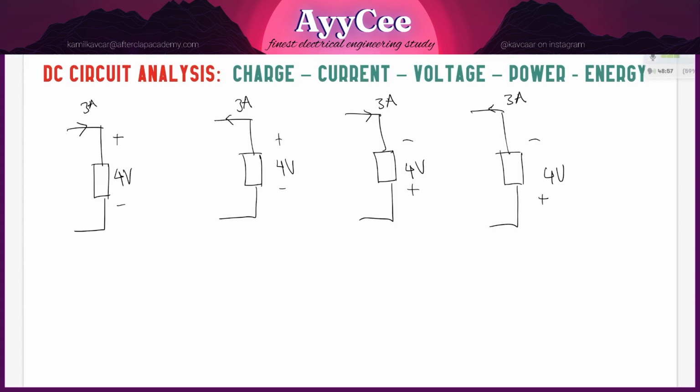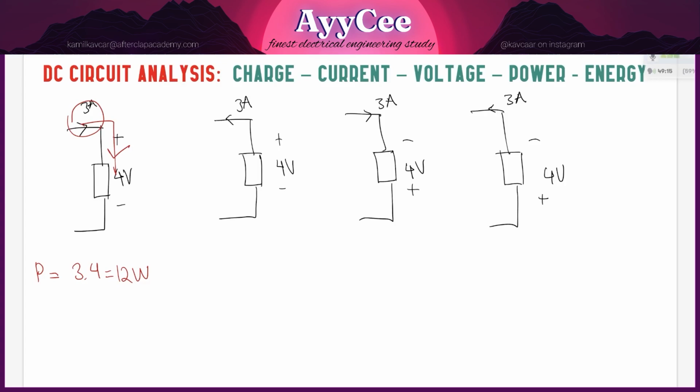So here's the thing. For the first element, as you can see, current enters from the positive terminal to the element. That means power is absorbed. So power is going to be 3 times 4, which is 12 watts, and power is absorbed.